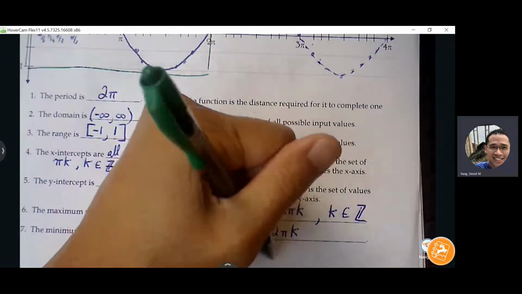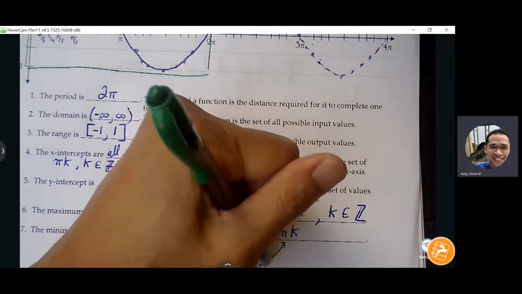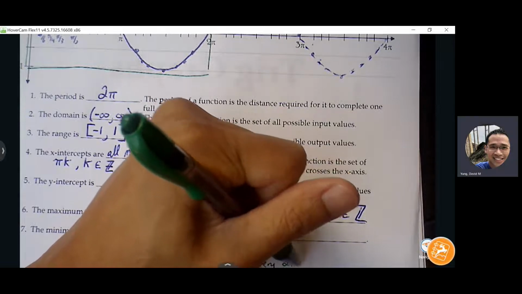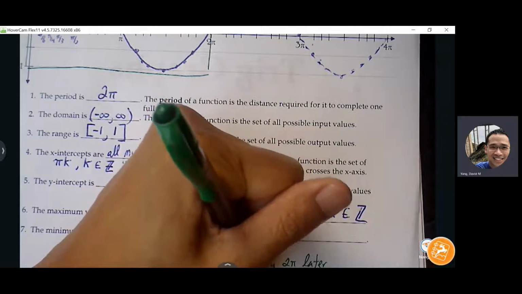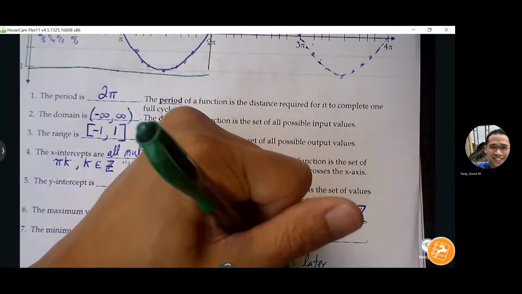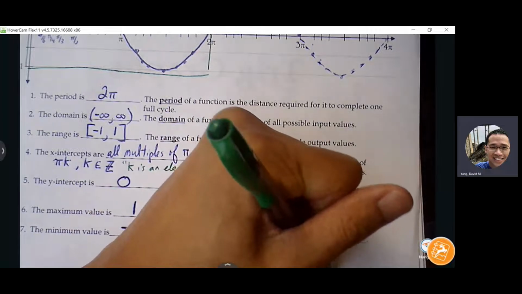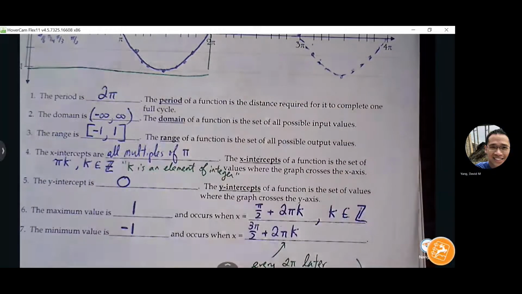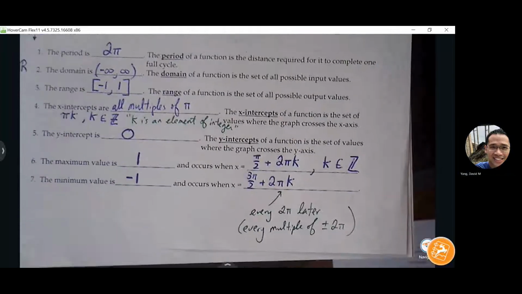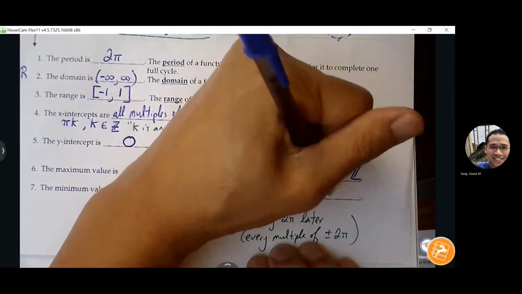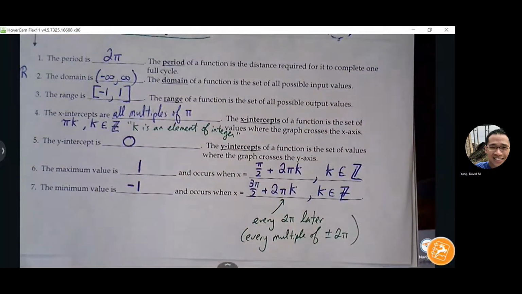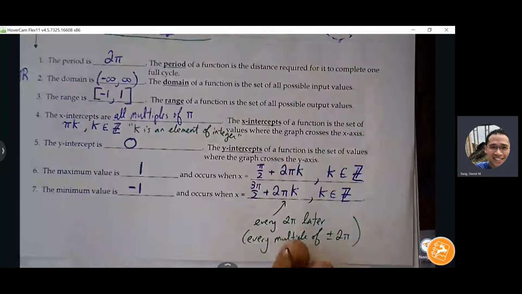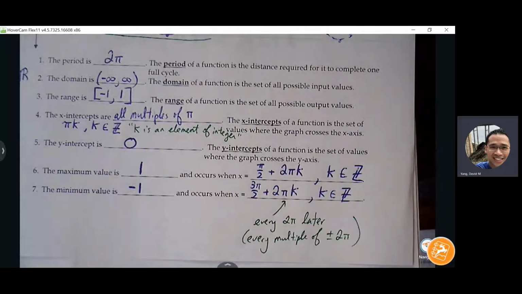So again, plus 2 pi k means every 2 pi later, or every multiple of plus or minus 2 pi, because k can be negative as well. Okay, so that notation looks messy, but it just allows us to create a rule and not have to spend forever listing out all the possibilities.